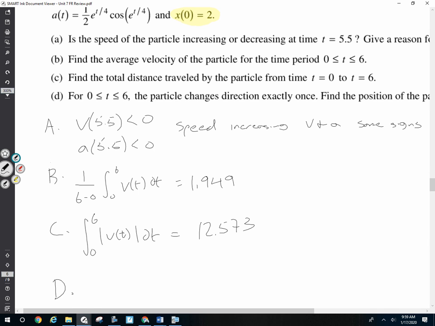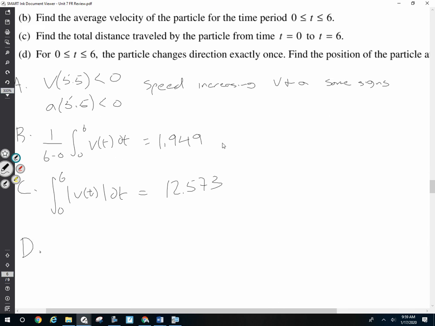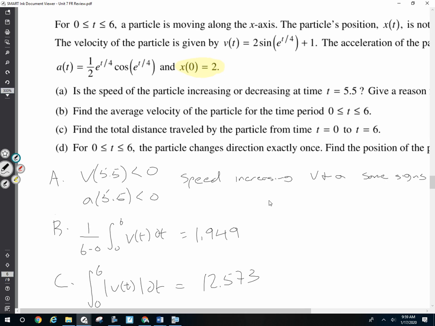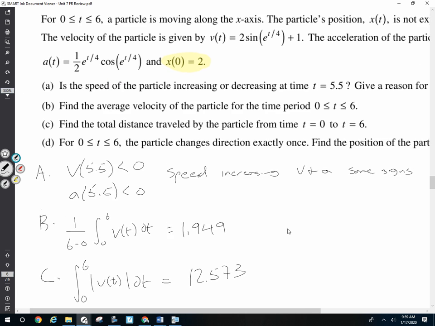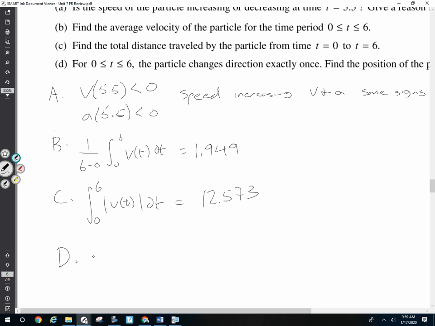D. Particle changes direction exactly once. Find the position of the particle at the time. You had a quiz question like this, okay? Particle changes direction from 0 to 6. When does it change its direction? Changes direction when V changes sign. When we change from positive to negative, change from right to left.